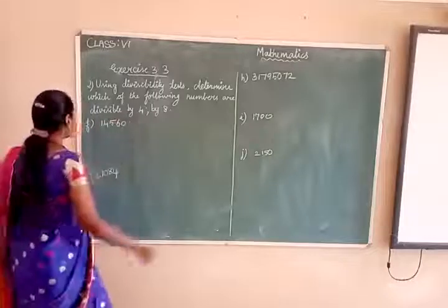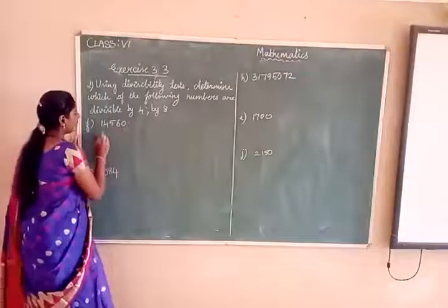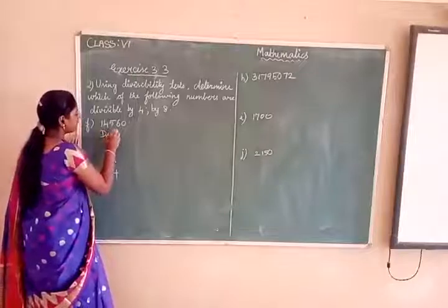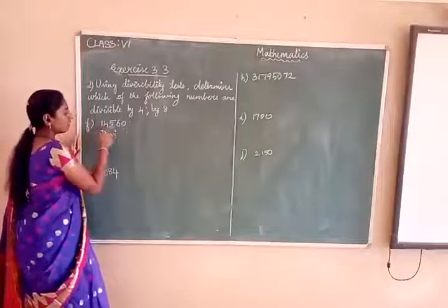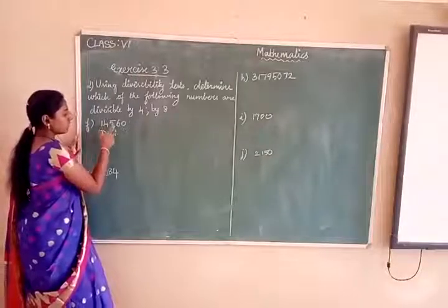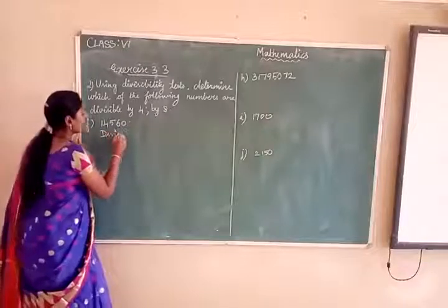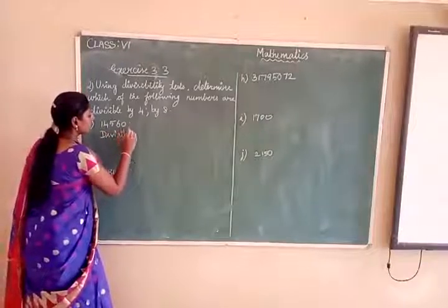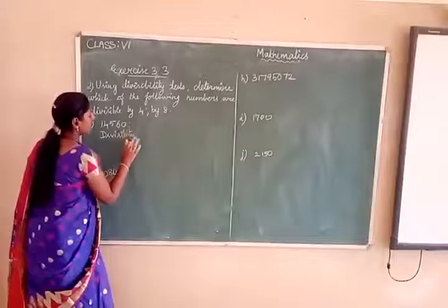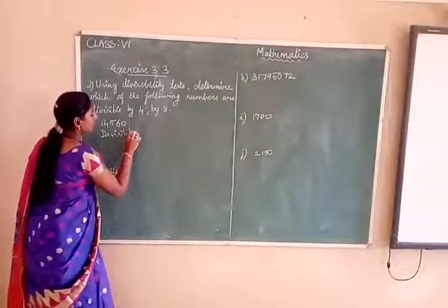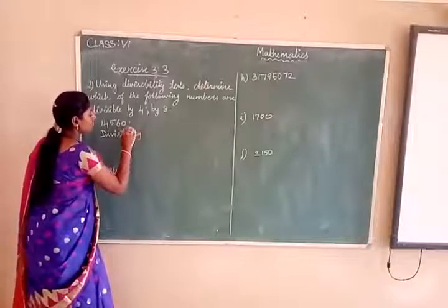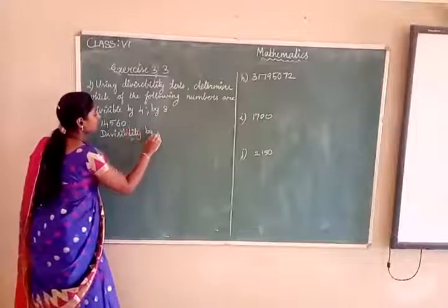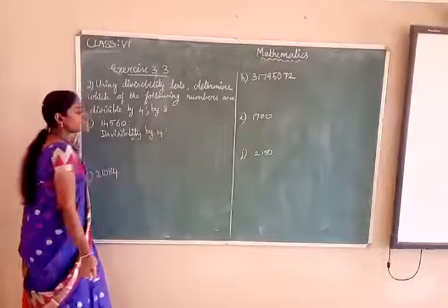Okay? Now let us find it for 4. The first subdivision is 14,560. Divisibility by 4. So, how to find divisibility by 4?